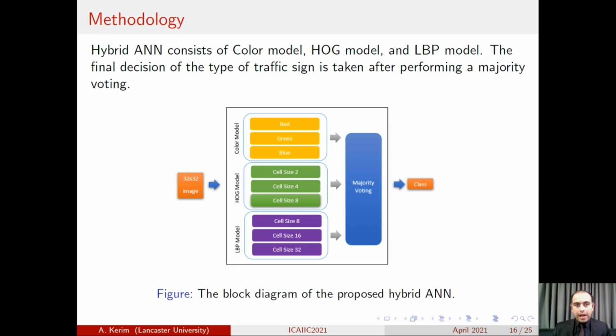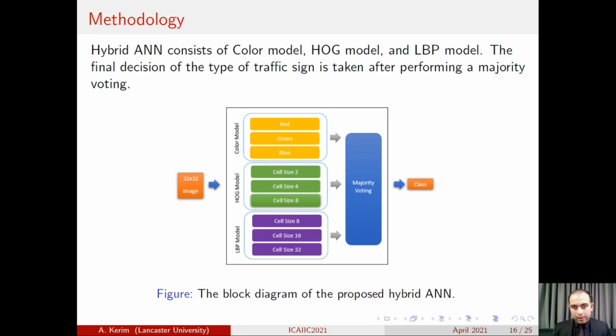Now for the hybrid ANN that we are proposing, you can see in this figure that it consists of three major models. We have the color model, the histogram of oriented gradients model, and the local binary pattern model. For the color model, we have the red, green, and blue submodels, and the same thing for HOG and for local binary pattern. We have different variations for the cell size.